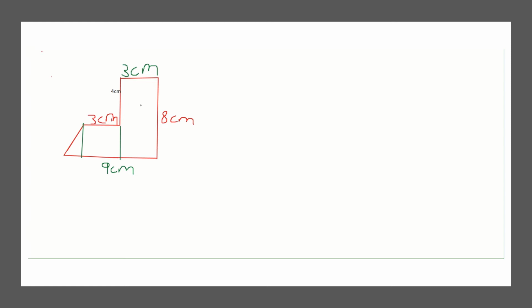There we go. I have divided my irregular shape into two rectangles and a triangle. What I'm going to do now is label each of my shapes.